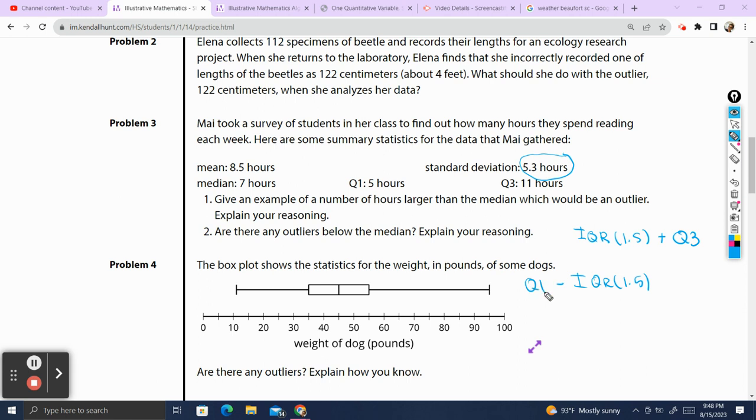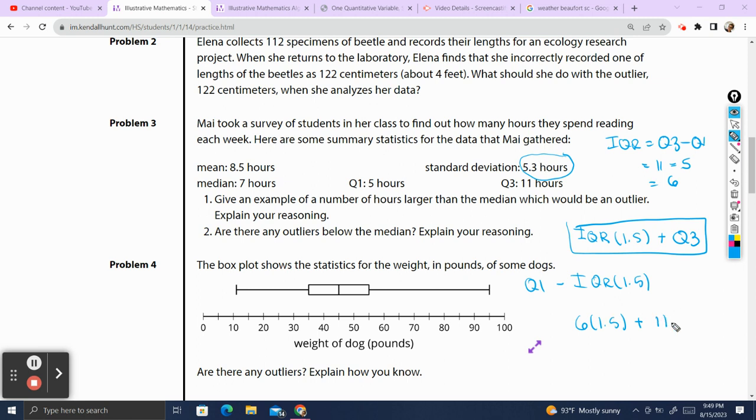So let's check out what our IQR is. Our IQR is equal to Q3 minus Q1, which in this case is 11 minus 5, which is equal to 6. So we're going to start by looking for the higher outlier, which is 6 times 1.5 plus Q3, which is 11.